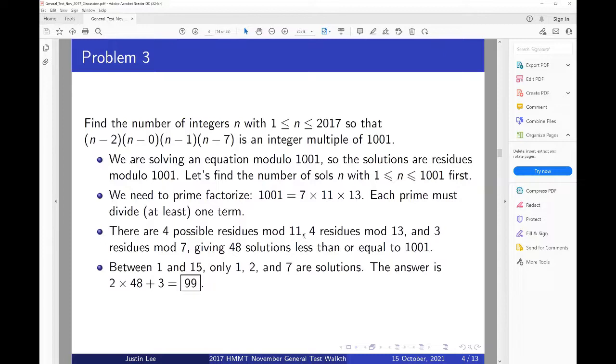Okay, and the rest is fairly straightforward. We just need solutions between 1 and 15. One of the 4 terms must be a multiple of 13, so that restricts the number of values we need to check, and it turns out only 1, 2, and 7 are solutions. So there are 2 times 48 plus 3, which is 99 solutions.